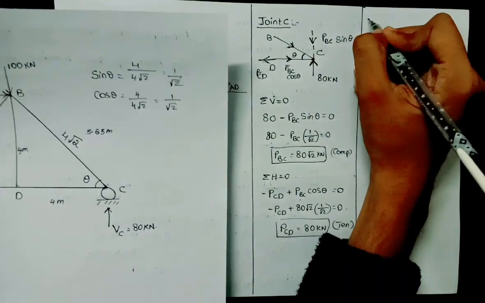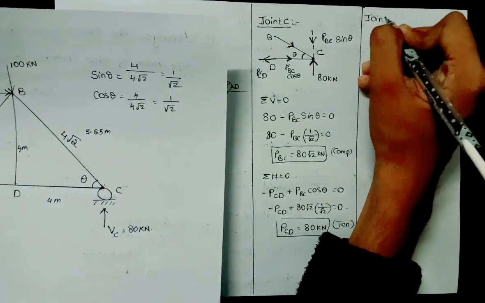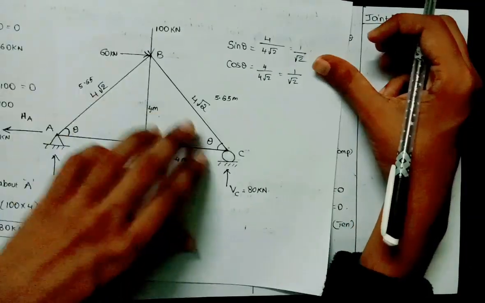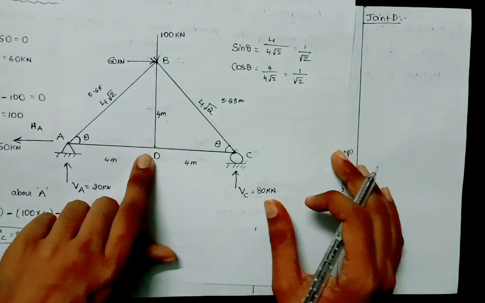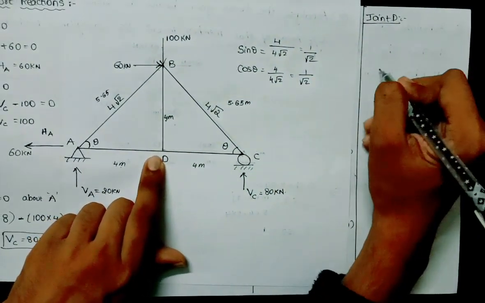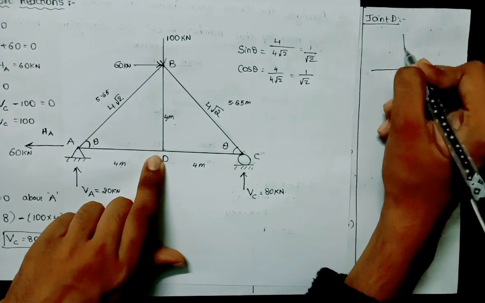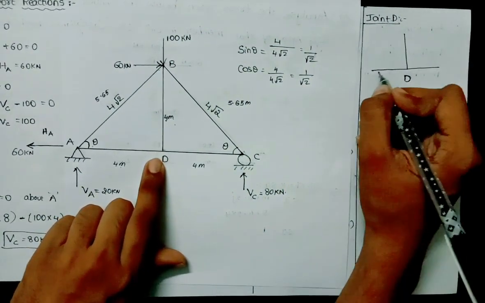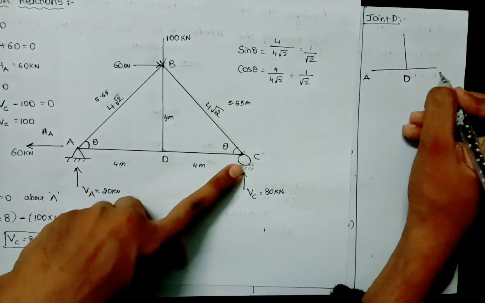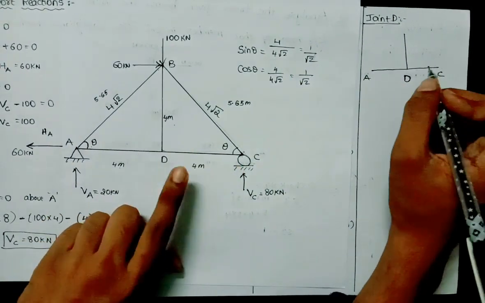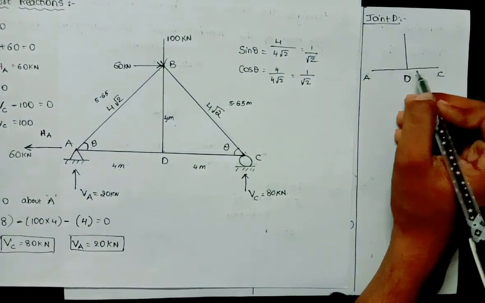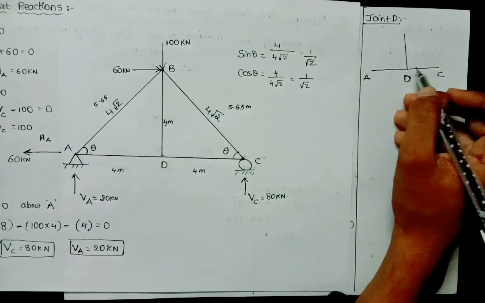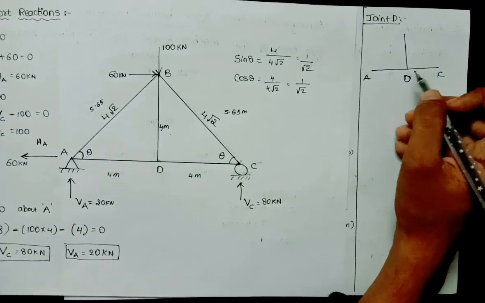Now I will take joint D. This is the joint D, so draw the free body diagram of joint D. It is D, this is A, and this will be C. There are no inclined members at joint D, so there is no need to resolve the forces in horizontal and vertical direction.